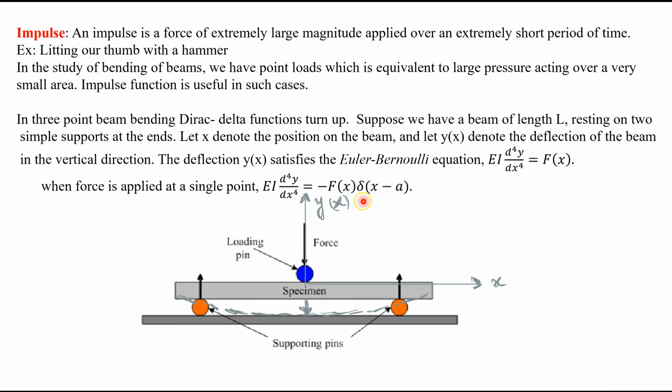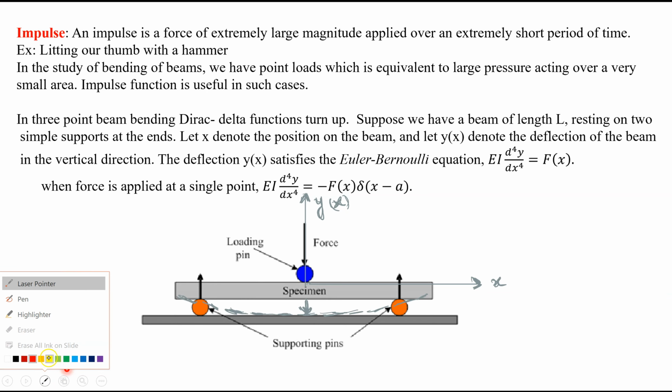Here delta(x minus a) is the unit impulse function, the Dirac delta function, and the minus sign indicates the force is applied downwards. So whenever we apply a large amount of force in a short duration of time at a single point, that force is associated with the Dirac delta function or unit impulse function.